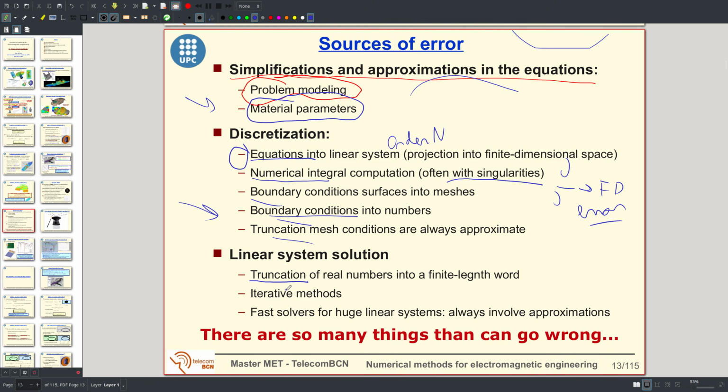And computer numbers are finite length numbers, often in double precision 64-bit numbers, and in single precision 32-bit numbers, but these numbers use finite length words that are just approximations of the real numbers.